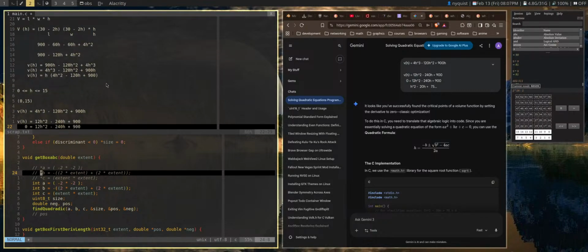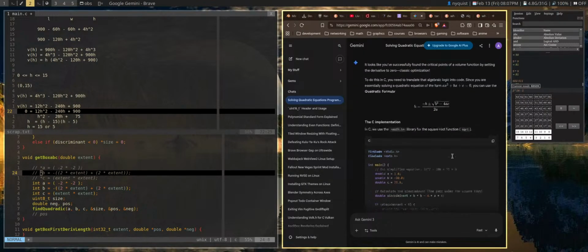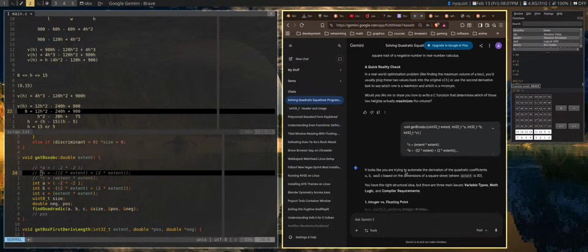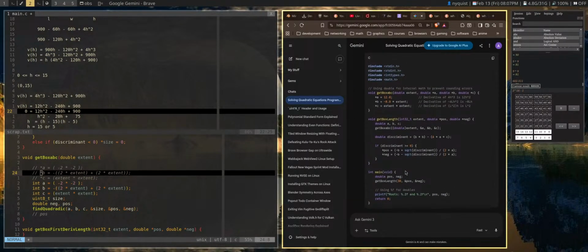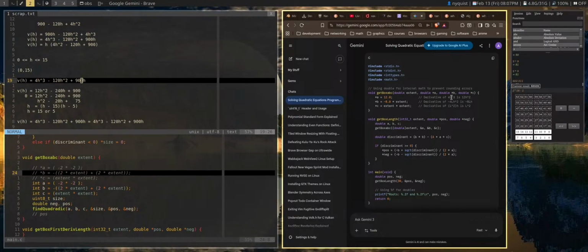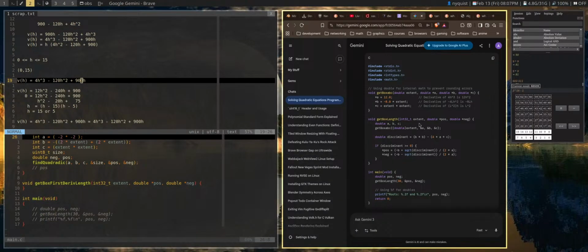So I'm going to look at what they did. See, that's if... yeah, they're solving this a little bit differently than I'm trying to do it.